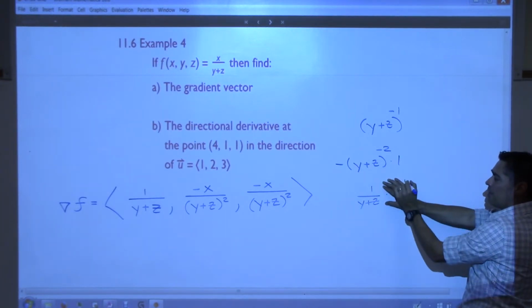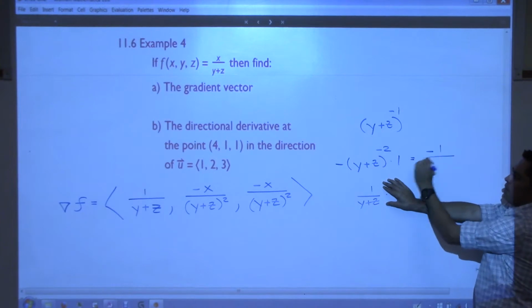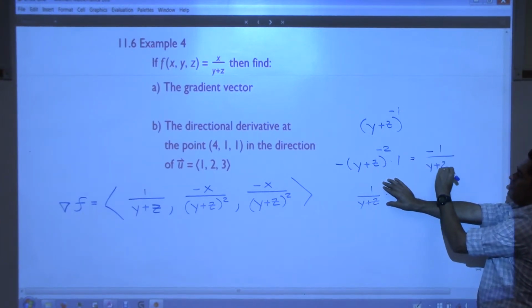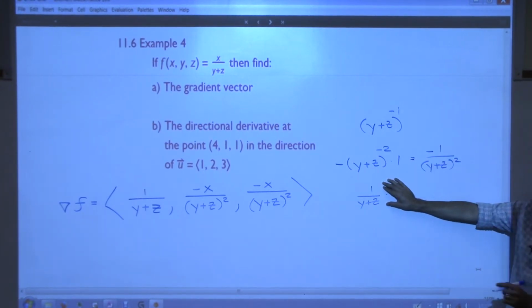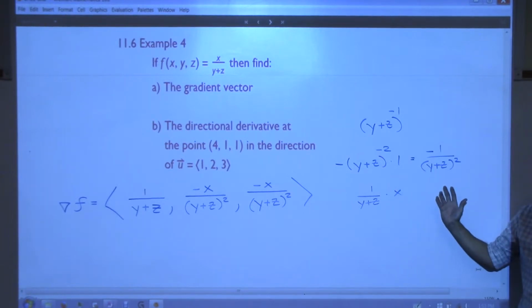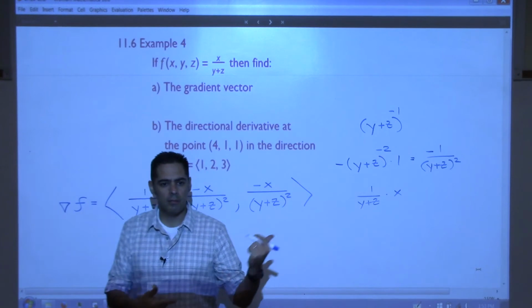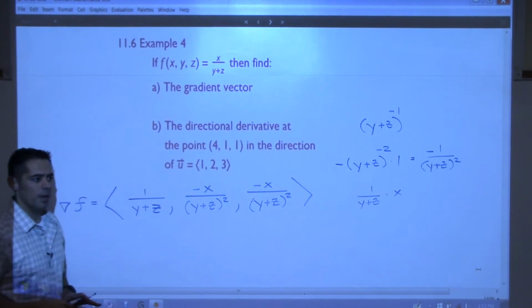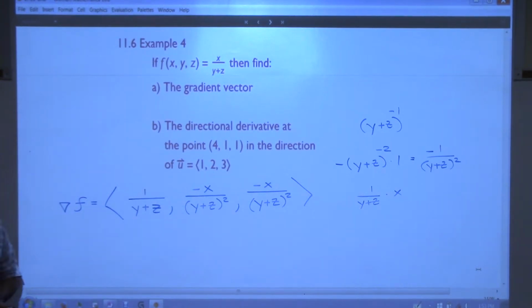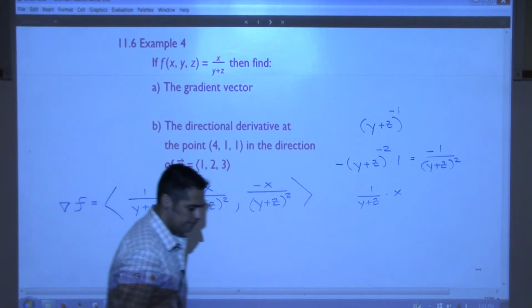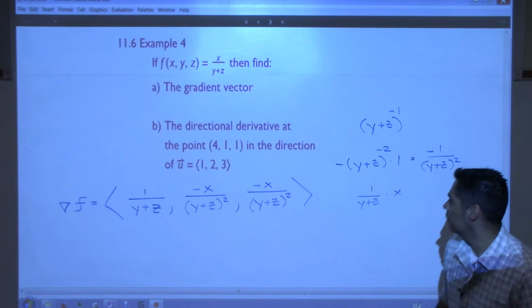So just a 1 out here. That's the same as negative 1 over y plus z squared, right? But then you had the x. So x on top, so that's this. And then the other one with respect to z works exactly the same way. We good? Okay. That's the gradient vector.